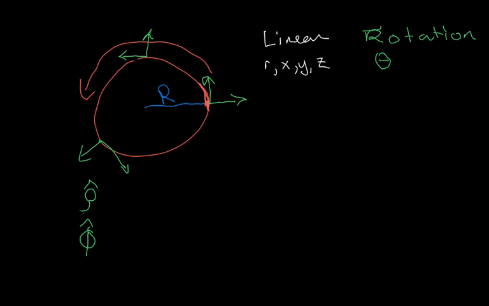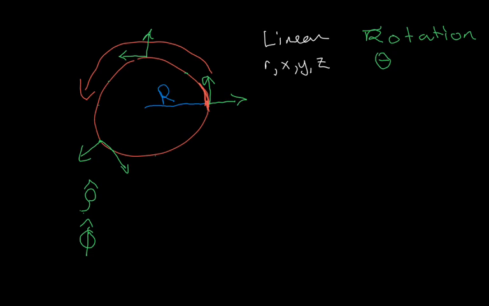We are worried about how much of a rotation it's done. Has it done 2 pi, which is one full rotation? Has it done 4 pi? Has it done pi, which is only half a rotation? We are more concerned with the number of rotations than how far the object traveled, because ultimately we just want to know where it is on the edge of the circle, and theta tells us that.